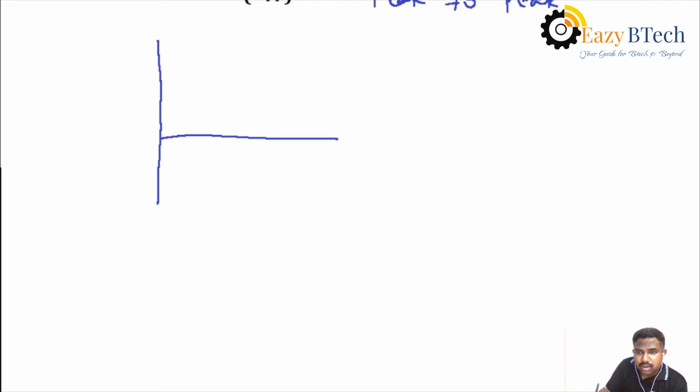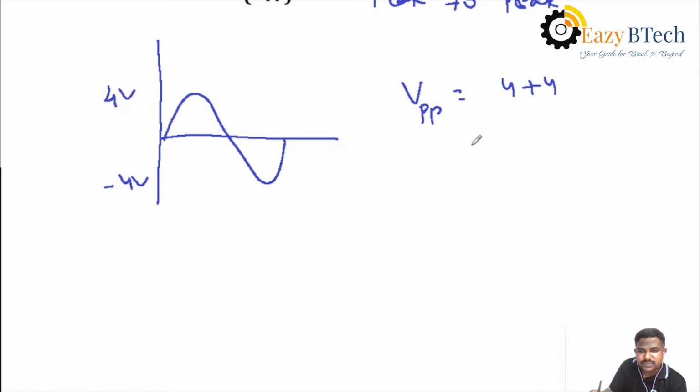In this example, I am taking 4 volts positive and similarly 4 volts negative. Then the peak to peak value is 4 plus 4, a total of 8 volts.